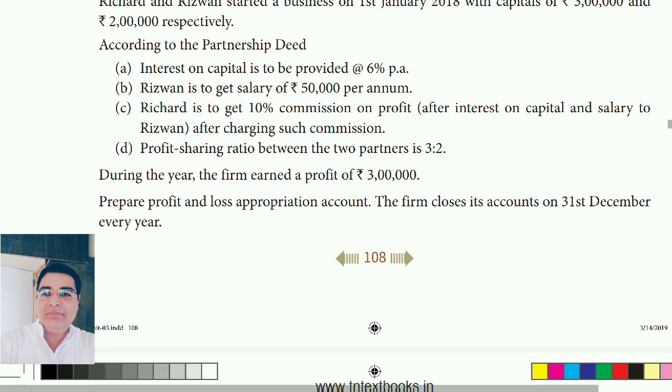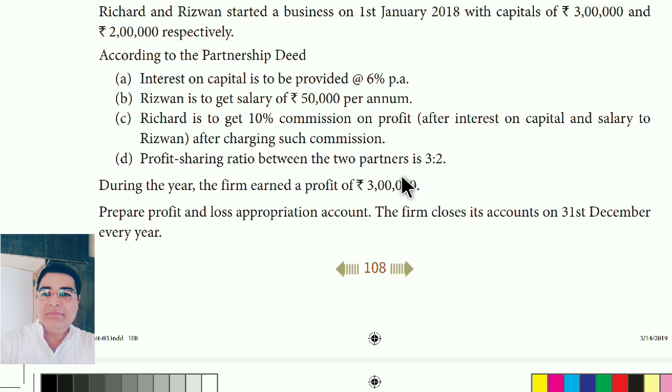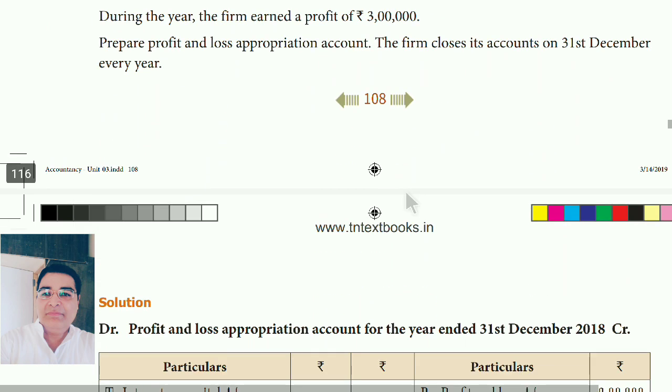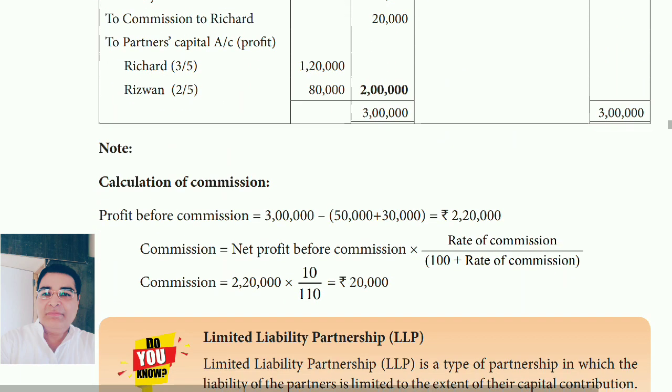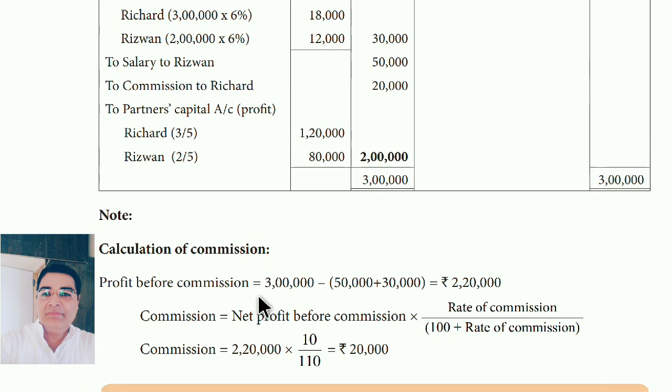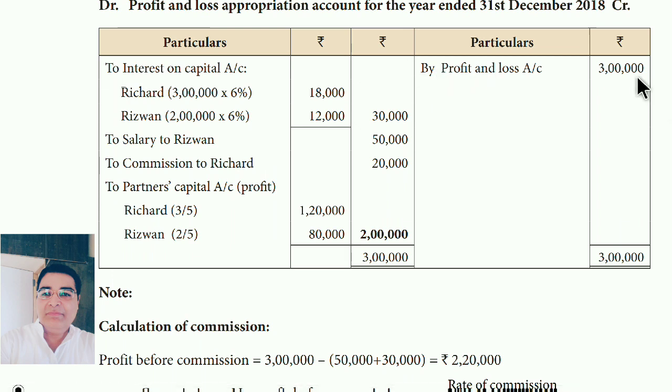Now from this 3 lakhs we have to minus interest on capital and salary. 3 lakhs minus this interest on capital 30,000 and salary 50,000. So 3 lakhs minus 80,000 is 2 lakh 20,000.